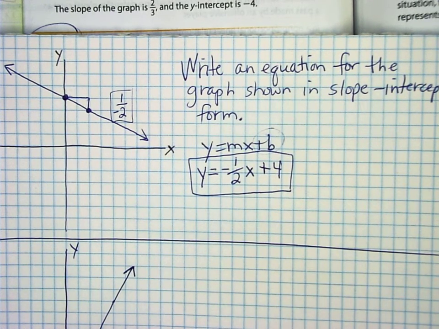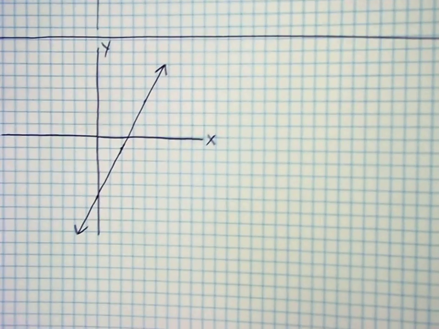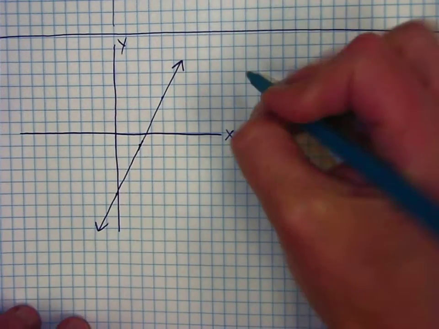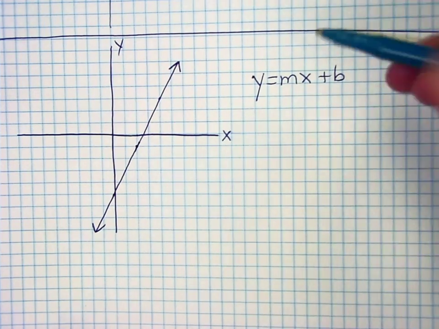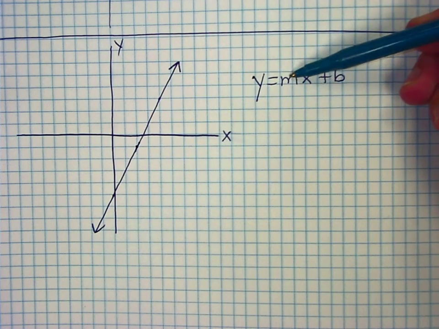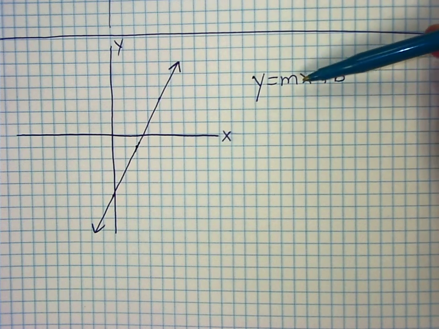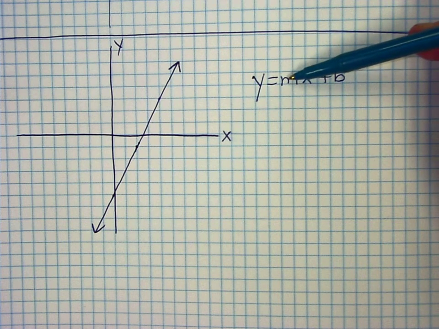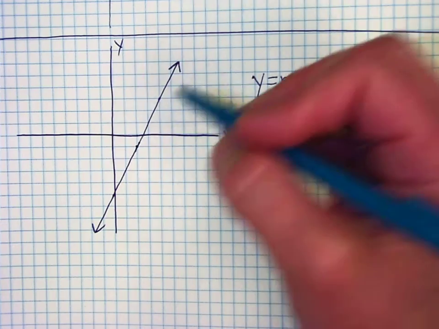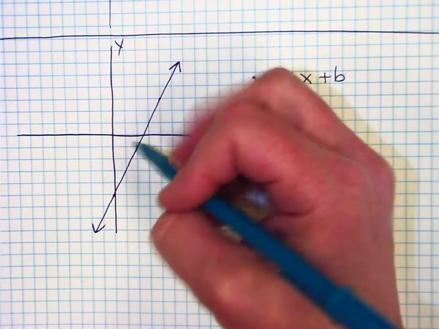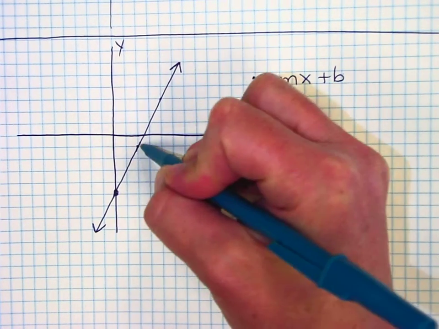Okay, let's try one more. Let's write an equation in slope-intercept form for this line. Slope-intercept form is y equals mx plus b. So again, I have to find the slope and the y-intercept. Okay, first thing I'm going to do is find 2 points that land on the line so I can rise and run and find the slope. So let's use this point and this point.